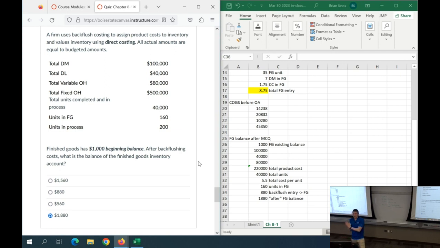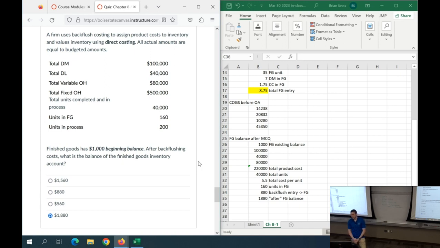So the logical question is that doesn't this, the way I've done it, set up continuously expanding balance of inventory accounts because you're never getting rid of the beginning balance? And the answer is yeah, it does.